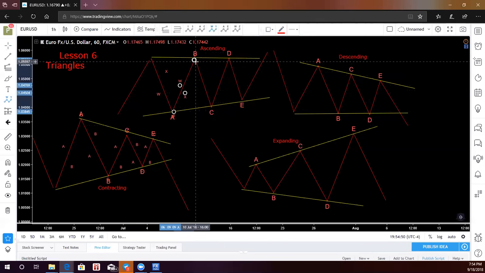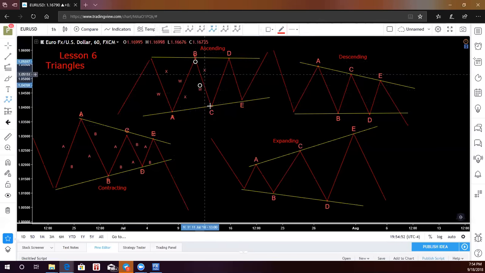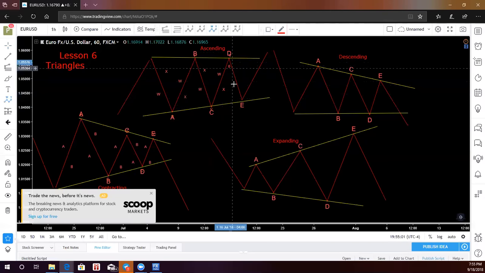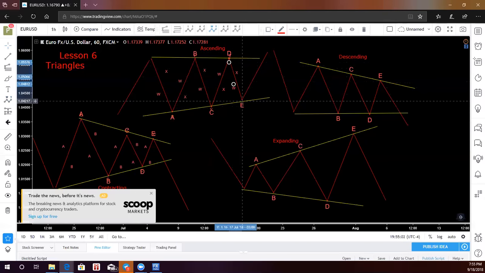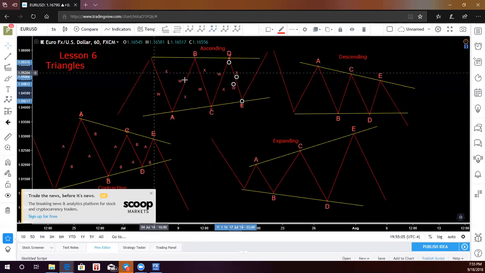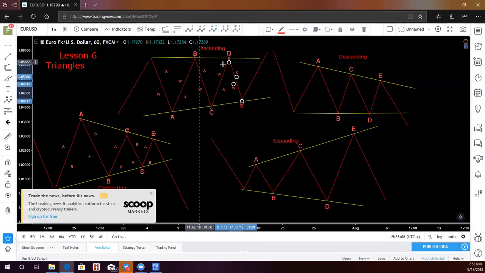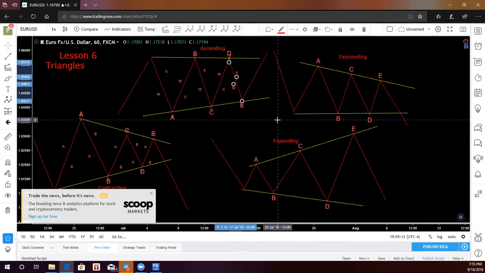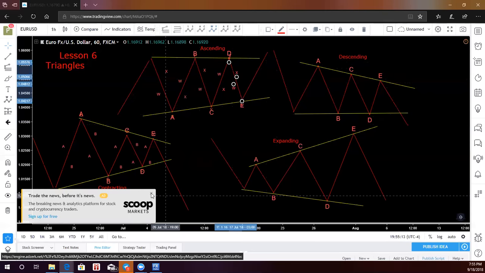WXY is just basically a double combo, which is 2 ABC movements in one primary wave. So we have WXY, WXY, or it can alternate. So it would be ABC, WXY, ABC, WXY, ABC, however it is seen or played out to be.